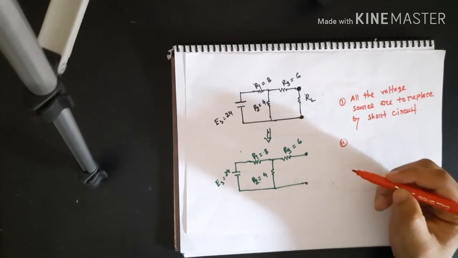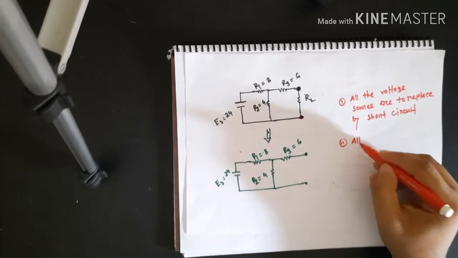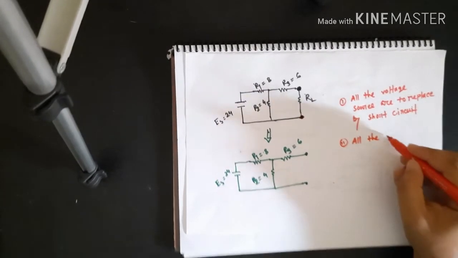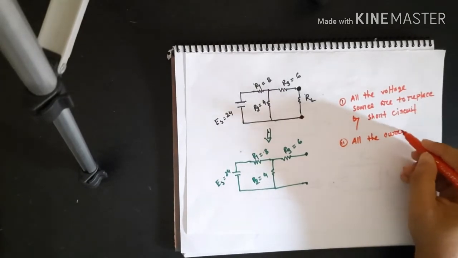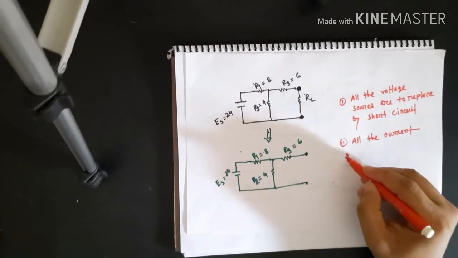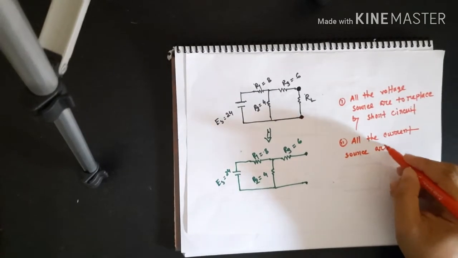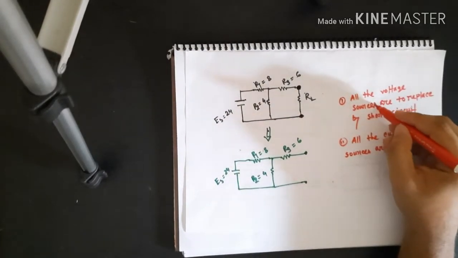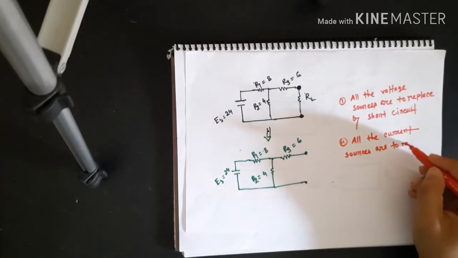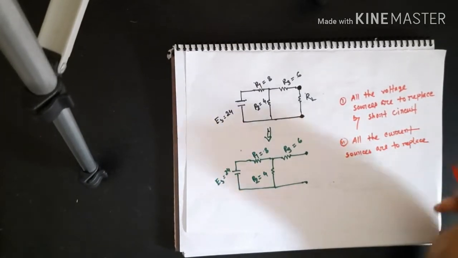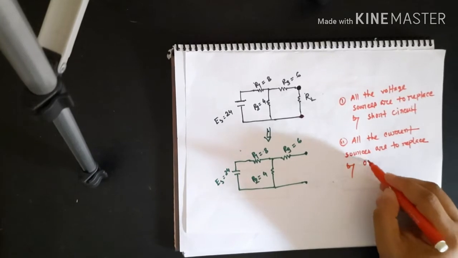Number 2, all the current sources are to be replaced by open circuit.